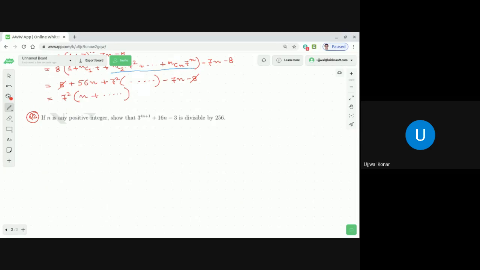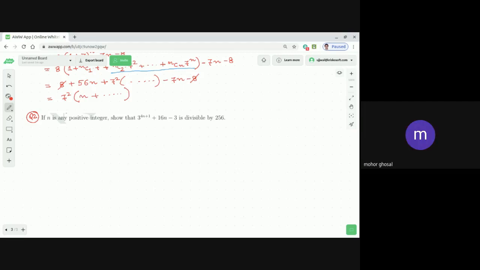So what does 256 bring to your mind? 16 square. Correct. 256 means 16 squared. We need to do something with this. Correct or not? Clear or not clear?